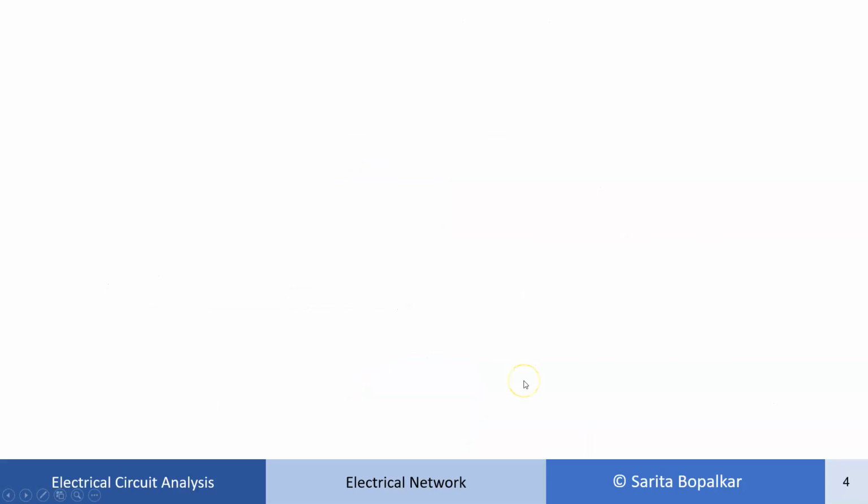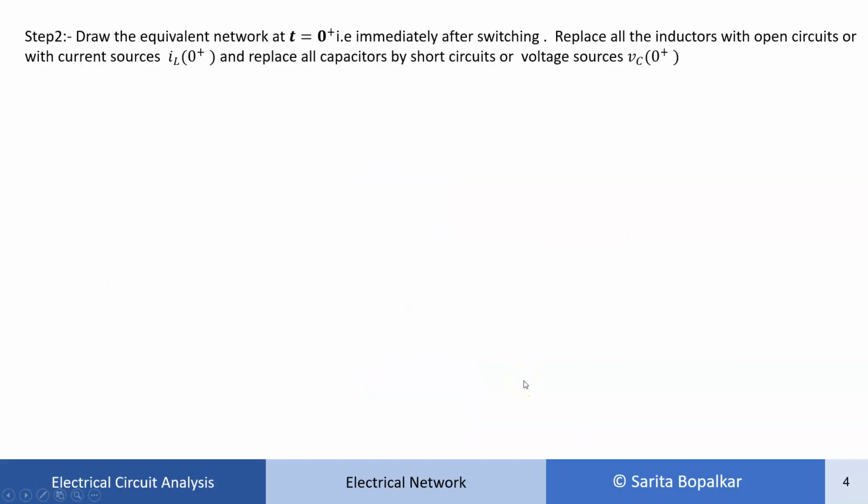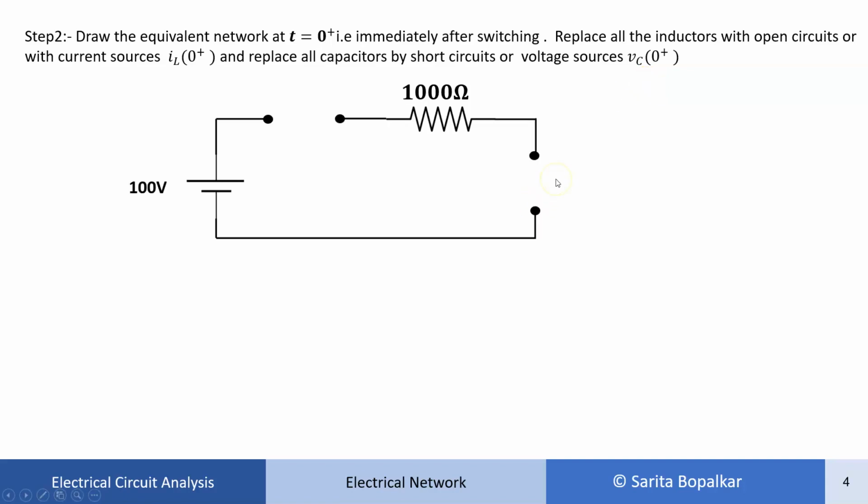Now you have to draw the next step circuit at t is equal to 0 plus, immediately after switching. What is the status of the inductor and capacitor? Replace all the inductors with open circuit or current source and replace all the capacitors by short circuit or voltage source depending upon initial conditions.